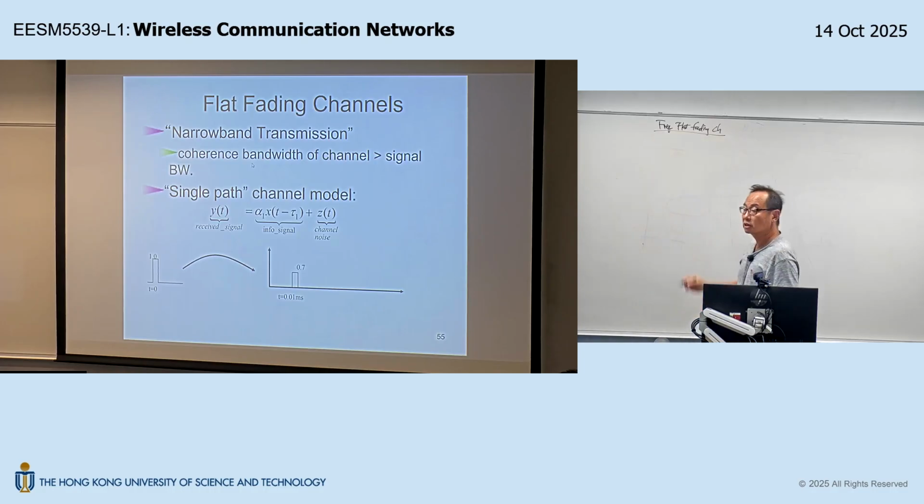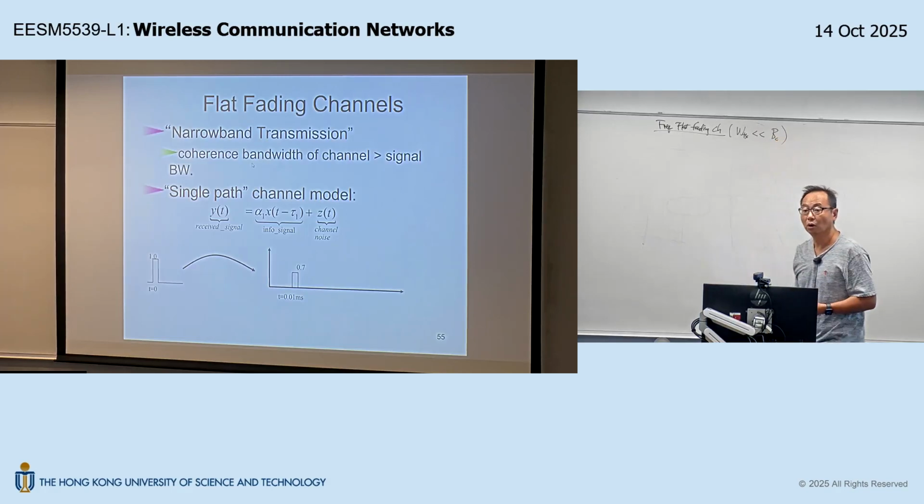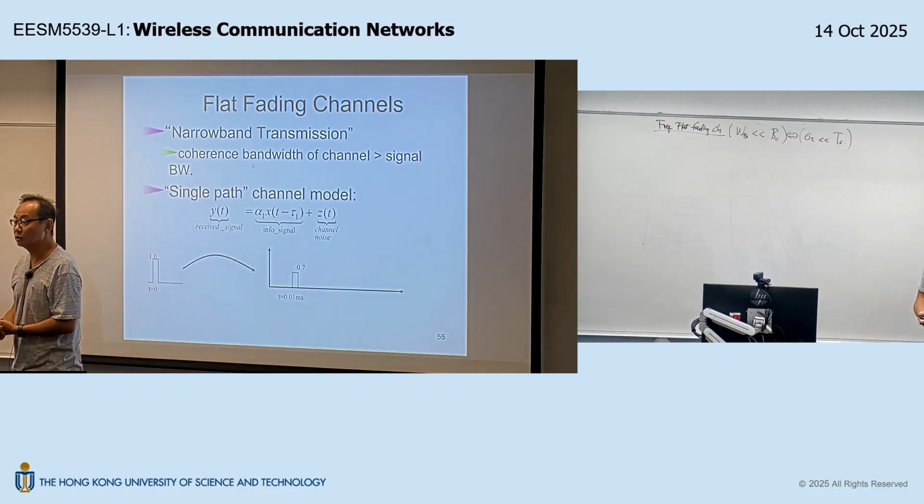One way to look at that, the condition is, as I said, the transmission bandwidth is much less than the coherence bandwidth, okay? Or equivalently, the transmission bandwidth is 1 over Ts, right? The coherence bandwidth is 1 over the delay spread, right? So that means the delay spread is much less than the symbol duration. Is that okay? These are equivalent to each other.